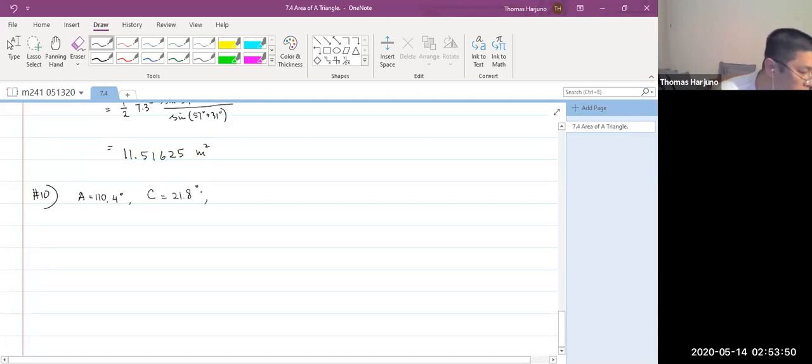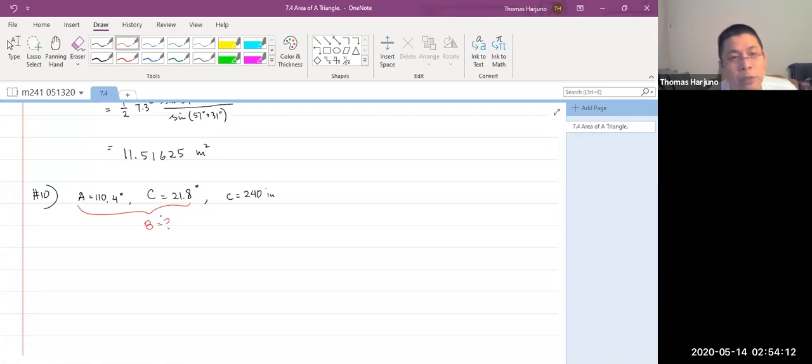And they give us side C here. Side C is 240 inches. So in this case, you need to first find angle B. But you have two angles, so the third angle should be easy.